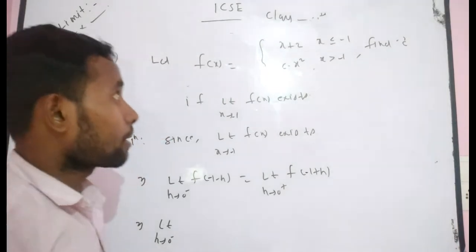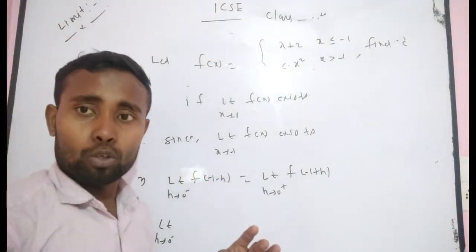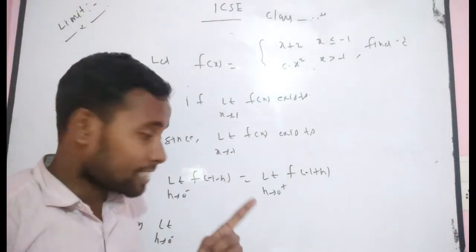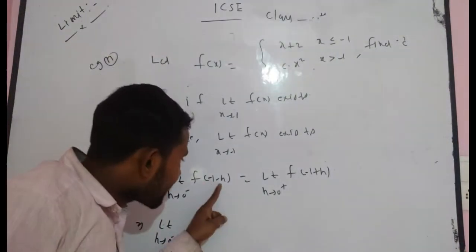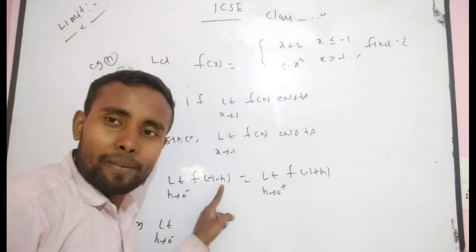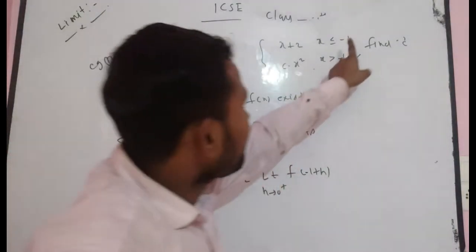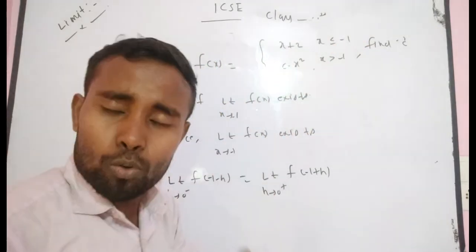Now that is a simple problem for you. In this question they say the limit exists. If the limit exists, then LHL is equal to RHL. Now you have to choose the proper function. It is slightly less than minus 1. For x less than or equal to minus 1, the function is x plus 2.